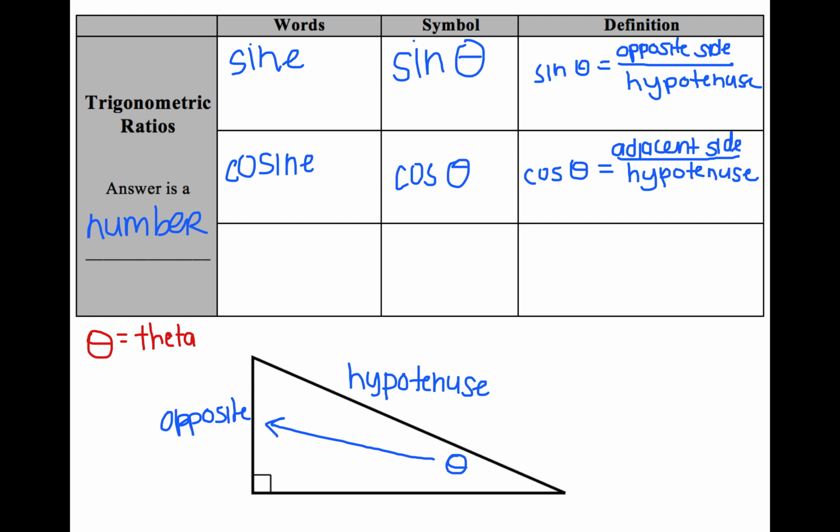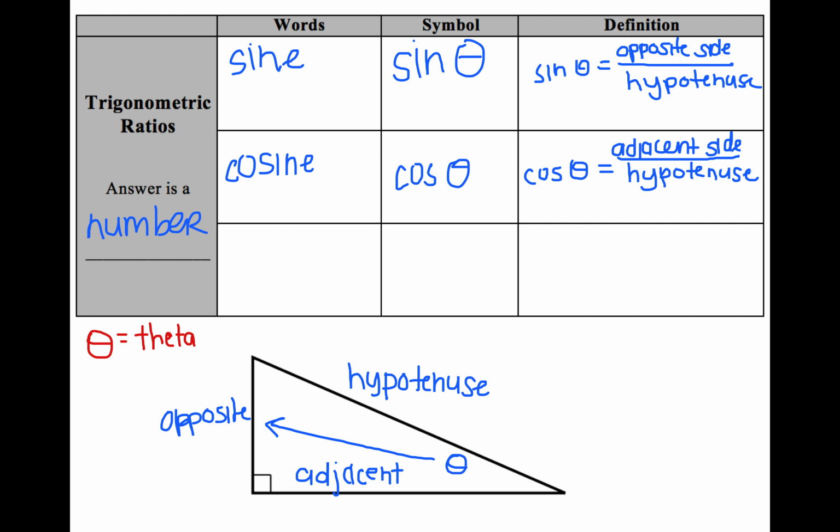Adjacent means next to. So on this triangle, the adjacent side is the side that is next to my angle. Or if you don't remember that, you've got opposite and hypotenuse already. Adjacent is the side that's left over.